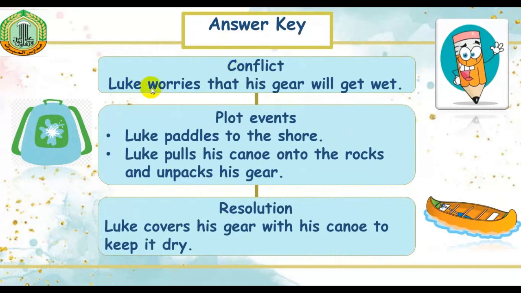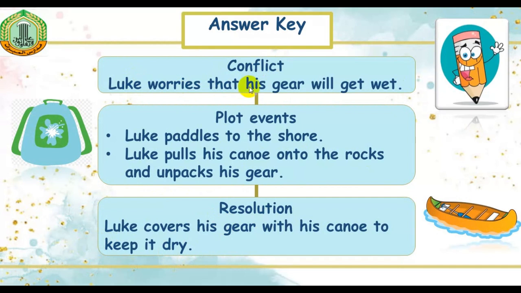The conflict is Luke worries that his gear will get wet. The plot events: Luke paddles to the shore, then he pulls his canoe onto the rocks and unpacks his gear. The resolution is Luke covers his gear with his canoe to keep it dry. As you can see, the resolution is directly related to the conflict.